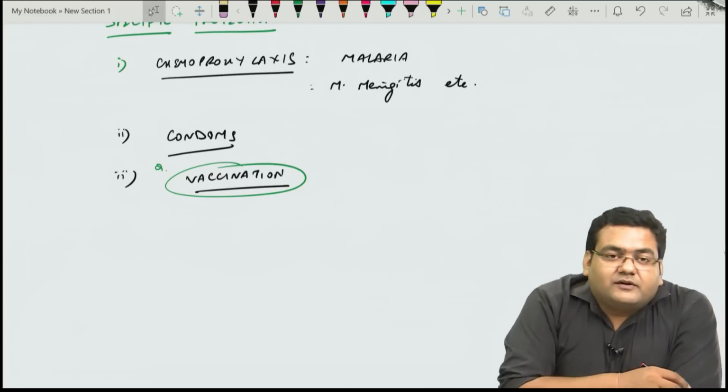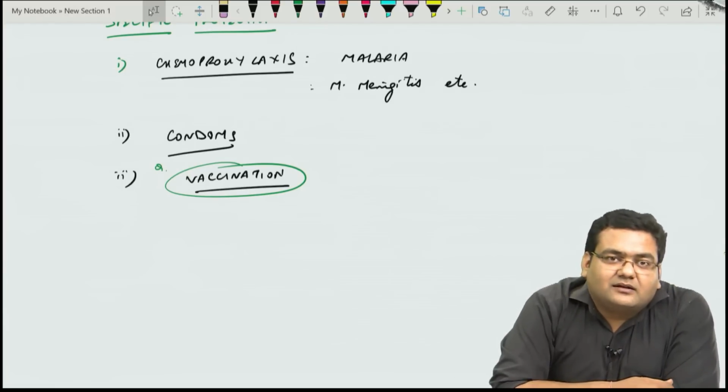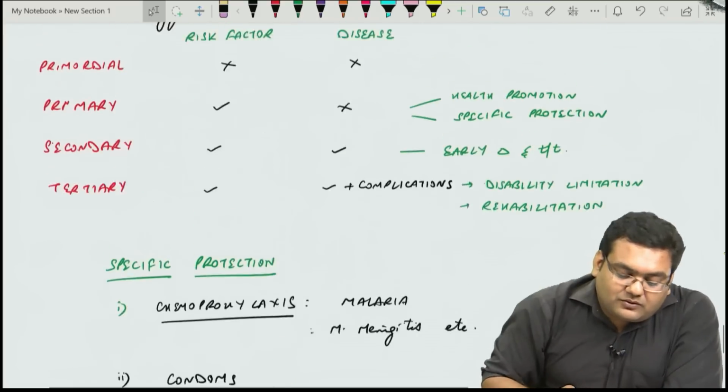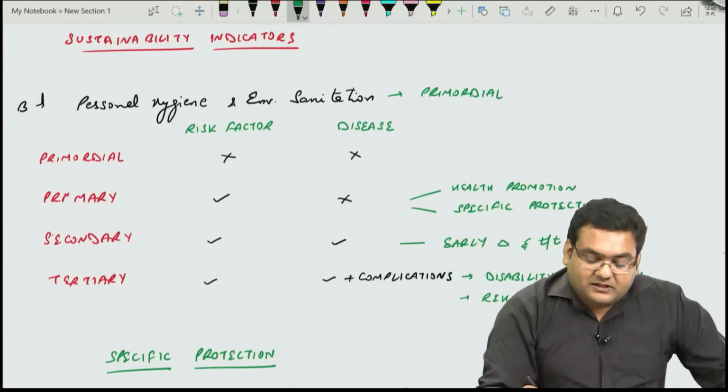The option which was given in the question, that is personal hygiene and environmental sanitation, corresponds to primordial prevention.